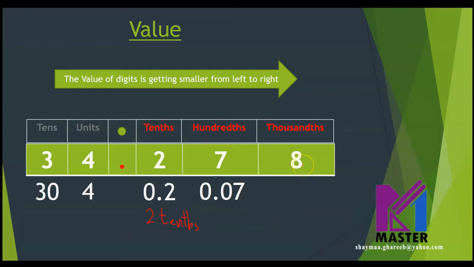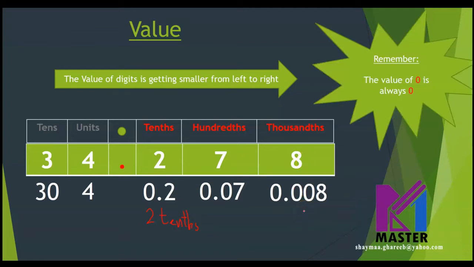And for the 8, it is in the thousandths place, which means the third decimal place. So it will be 0.008, which is 8 thousandths. Is this clear now? How do we write the value of the digits if I have a decimal number?